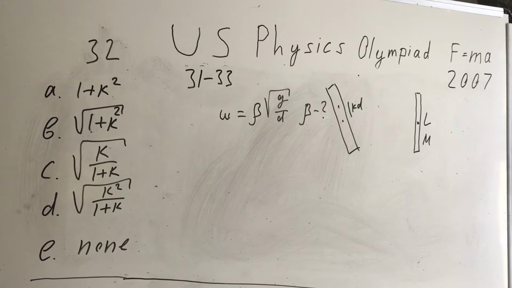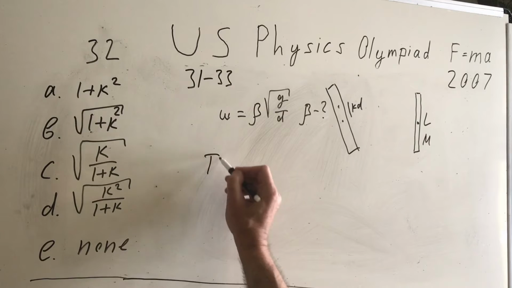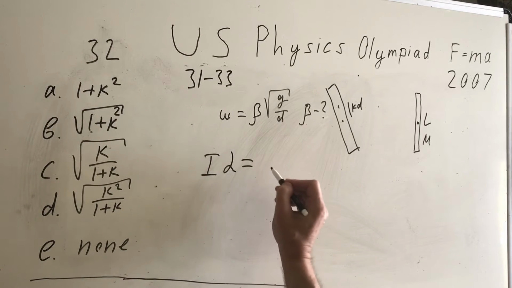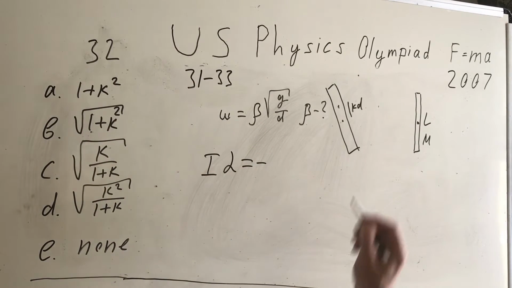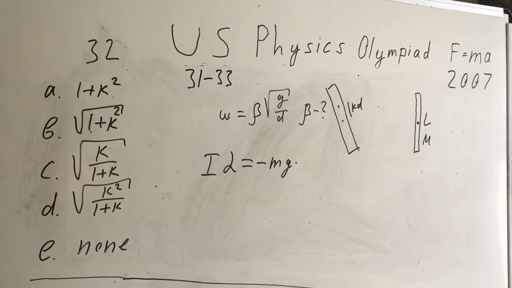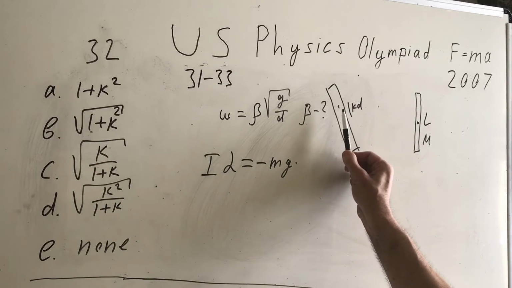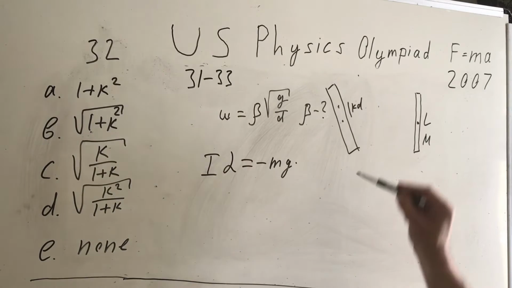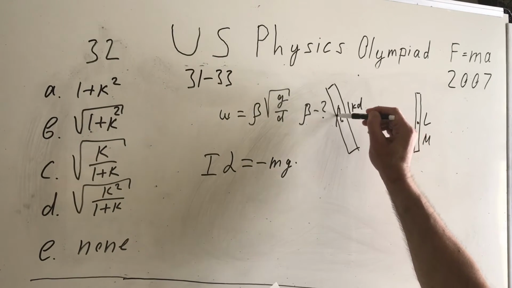To solve this problem we need to write the equation for rotation around this point. For rotation we have the formula I alpha equal to negative force, which is mg, multiplied by the lever arm, which is kd multiplied by sine theta.